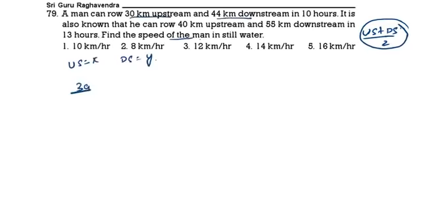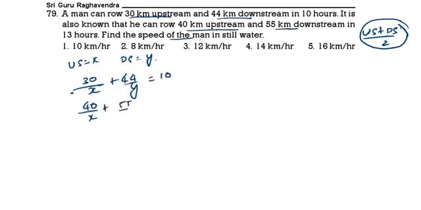This is distance. This is distance. That means 30 by x plus 44 by y is equal to 10. Also 40 upstream, 55 downstream, 55 by y, that is equal to 13. You multiply this one with 4, this one with 3.